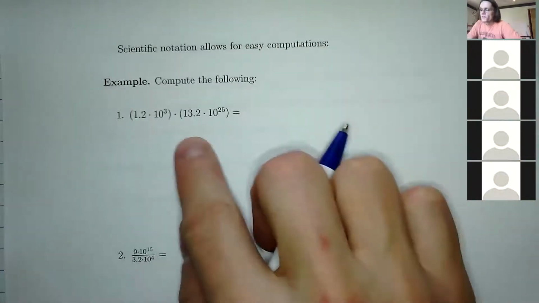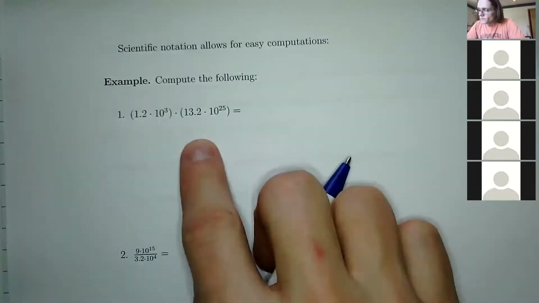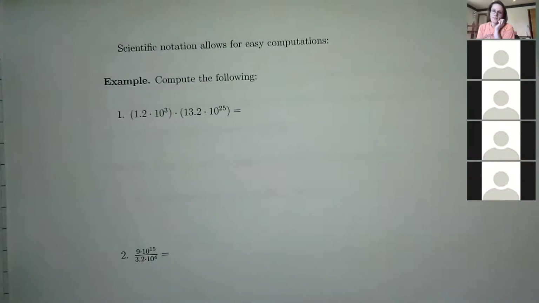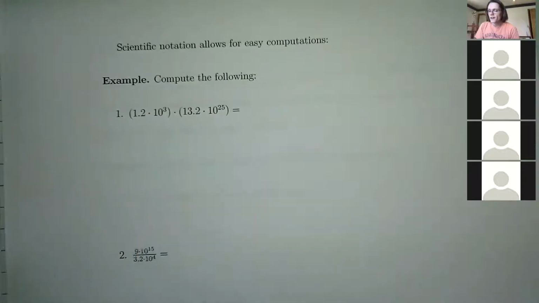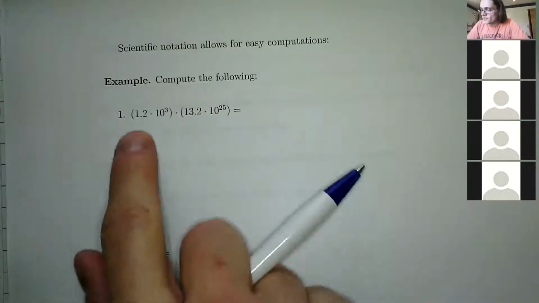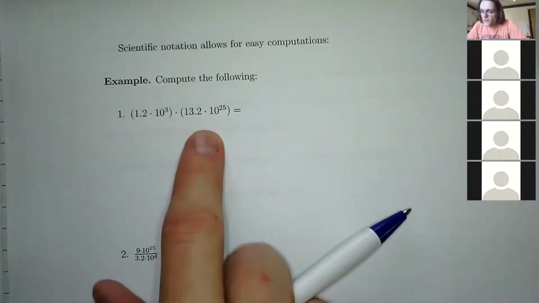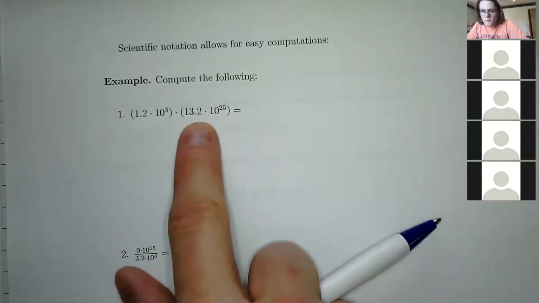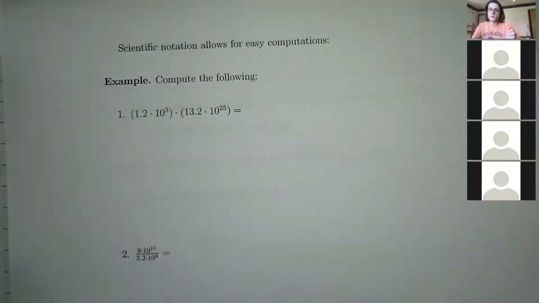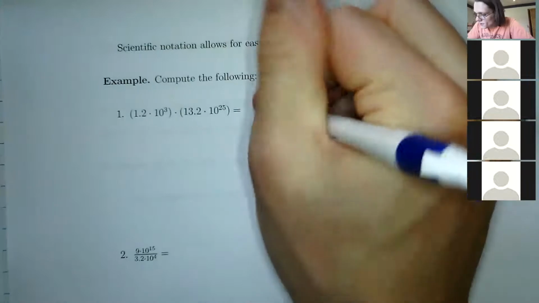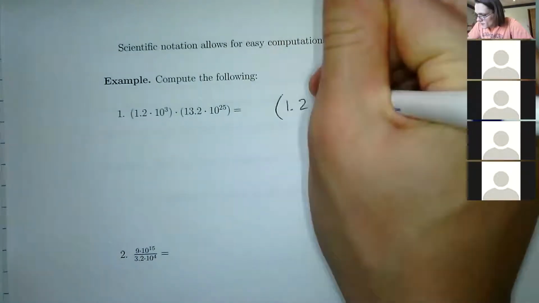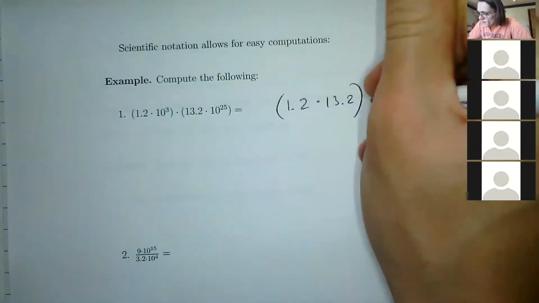But anyway, as far as computations go, they're really easy, because whenever you multiply two exponentials that have the same base, in this case my base is 10, then I can just add the exponents, and it makes it really simple. So for instance here, if I'm multiplying these two numbers, the 1.2 and the 13.2, you just multiply normally. So I'll do 1.2 times 13.2.